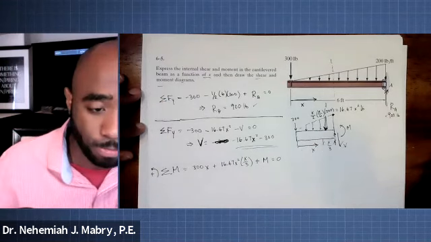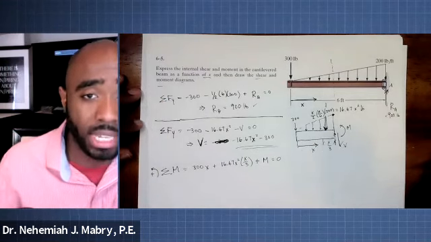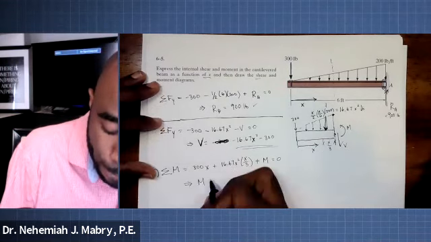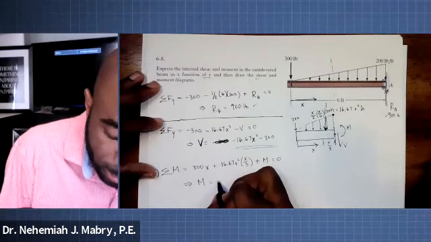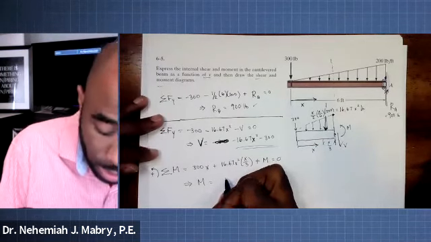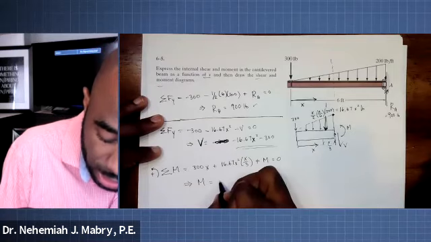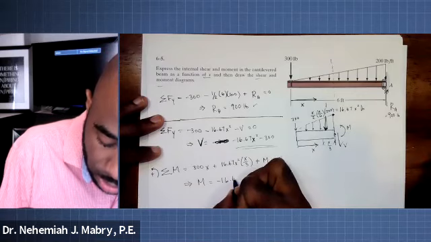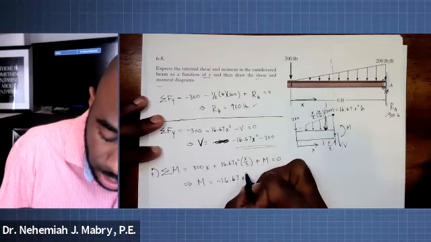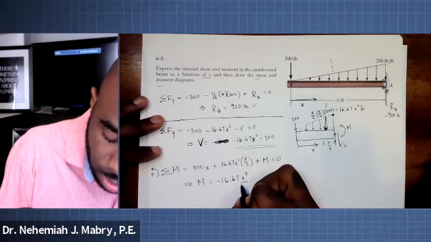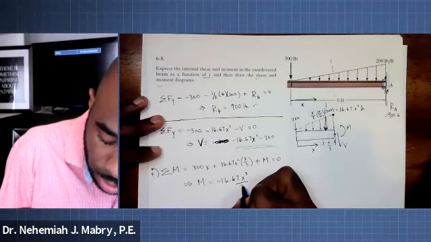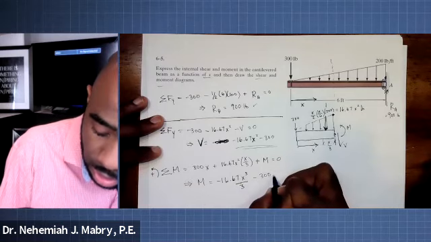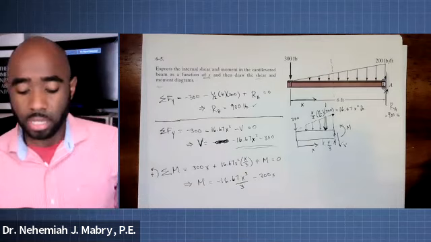So what do we do now? Well, we can isolate the M such that we can express the moment now as a function of X. 16.67, that's X cubed over 3, minus 300 X. Now check this out, right?